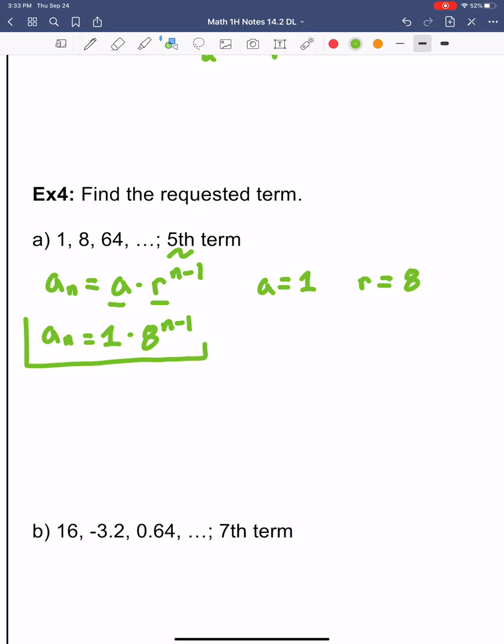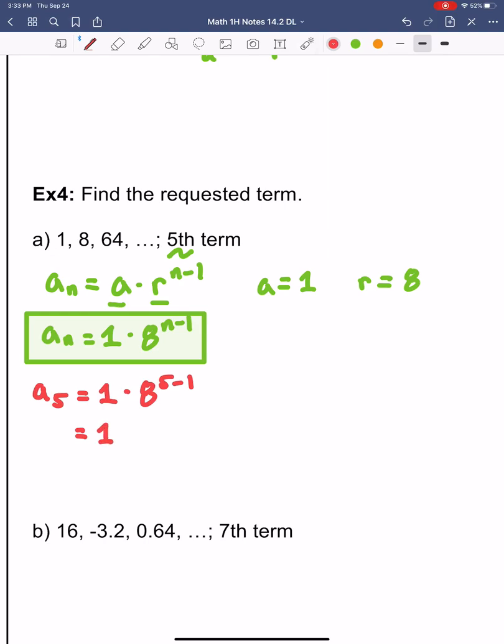So I got my explicit rule there, but they're asking for the fifth term, so what I'm going to do is find a sub 5, which just means that I plug in a 5 to n, and then I can go ahead and evaluate here.